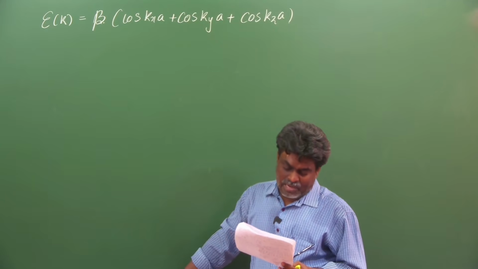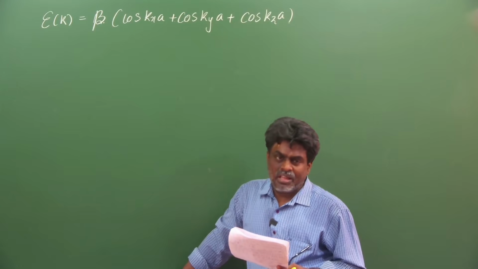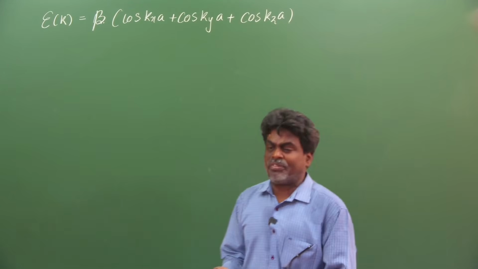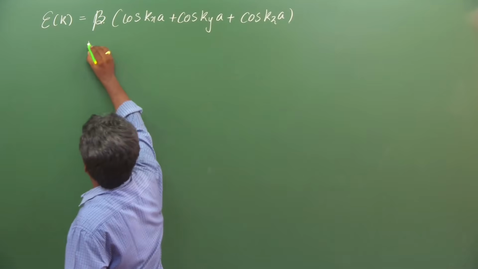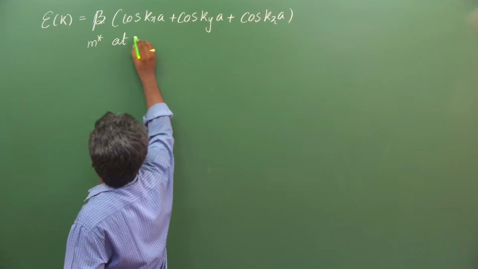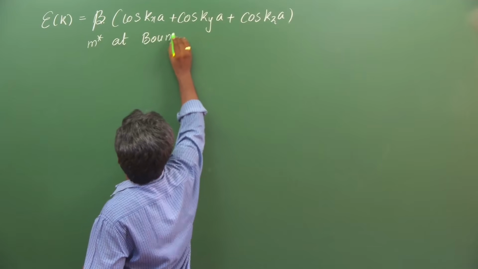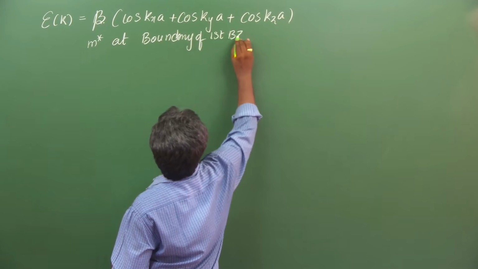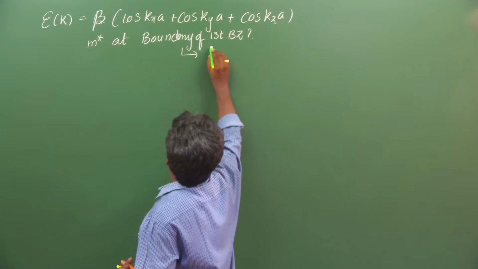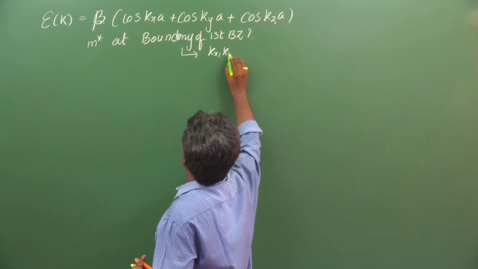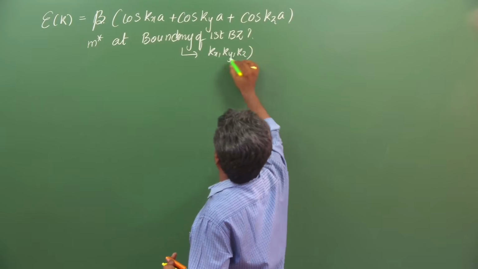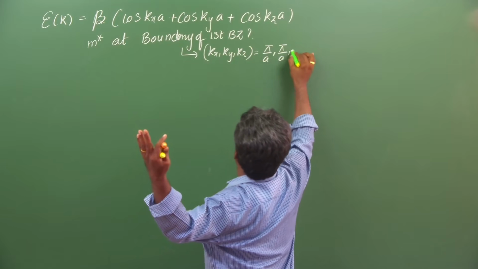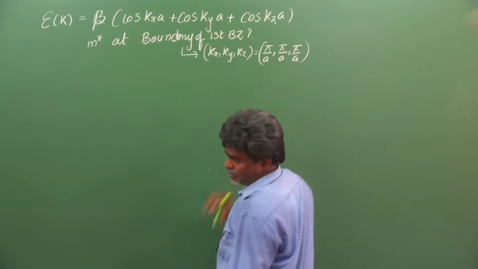The effective mass at the boundary of first Brillouin zone. What is the boundary of first Brillouin zone? kx, ky, kz equal to pi by a, of course plus or minus.